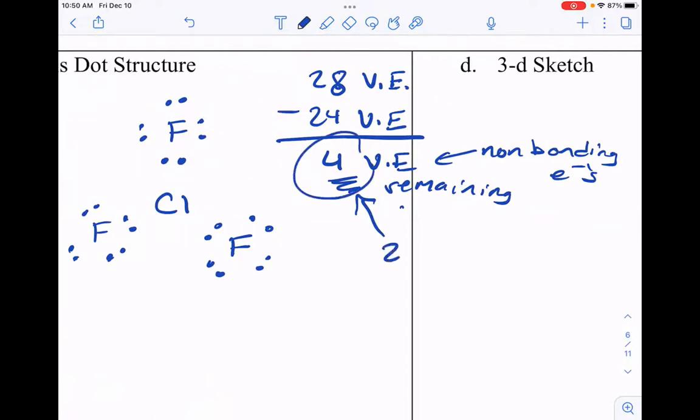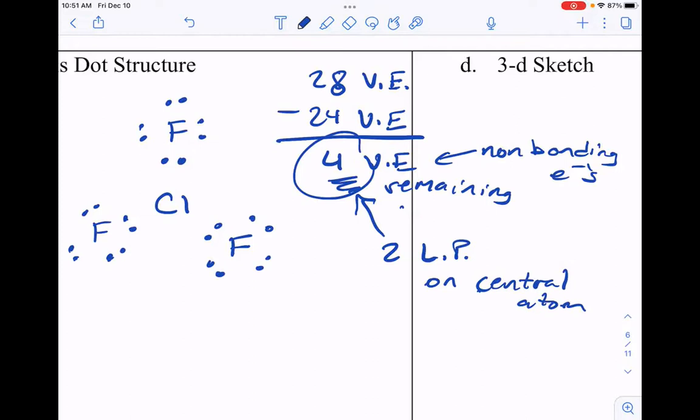So that means that there's 2 lone pairs on the central atom. Wait, why 2? So a lone pair has 2 electrons, right? And so how many pairs can you make with 4?